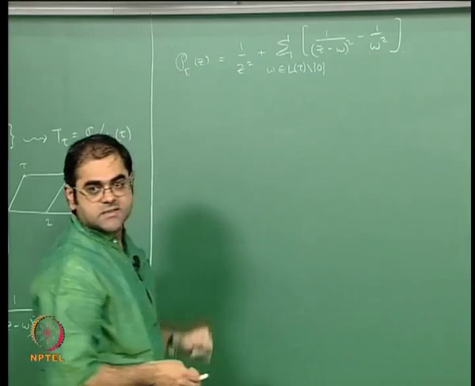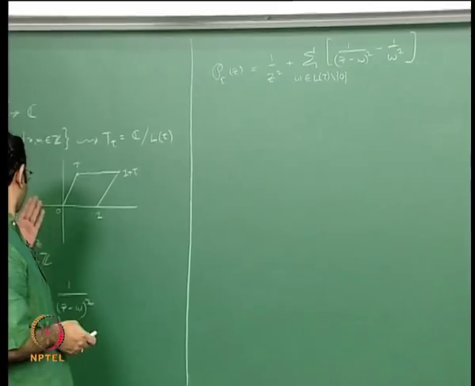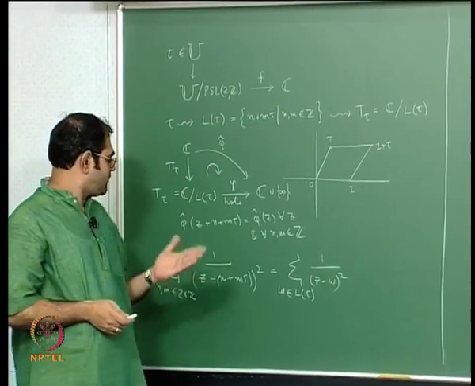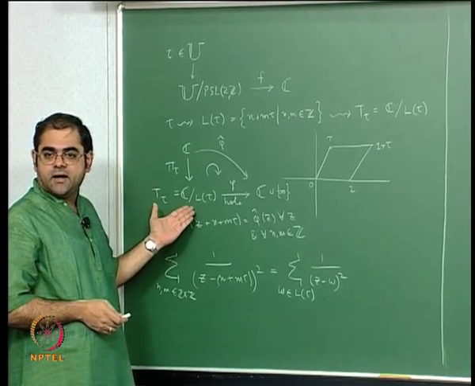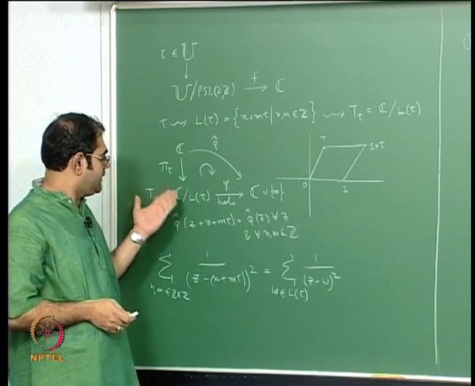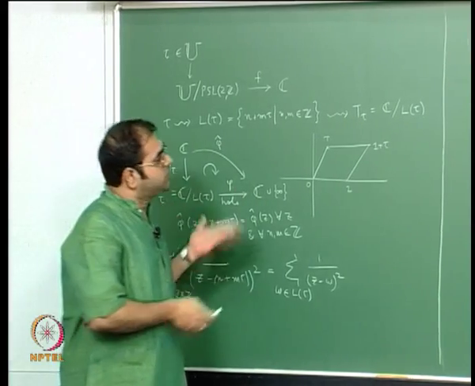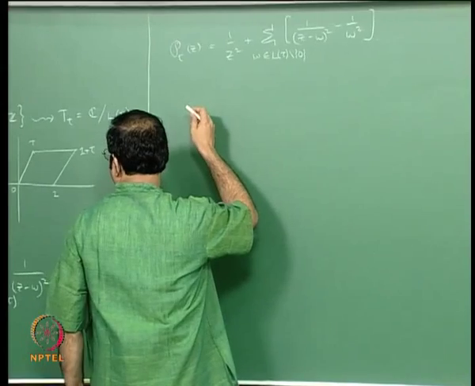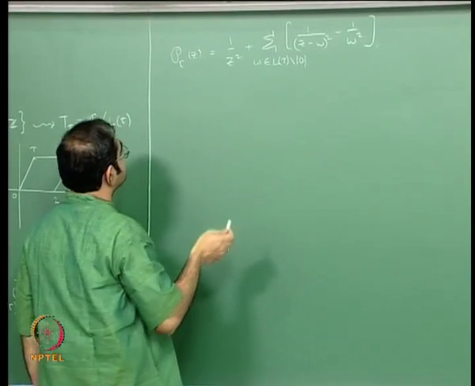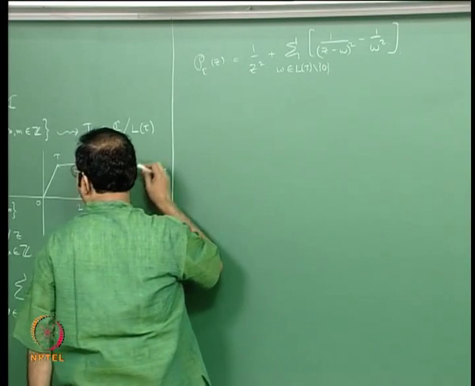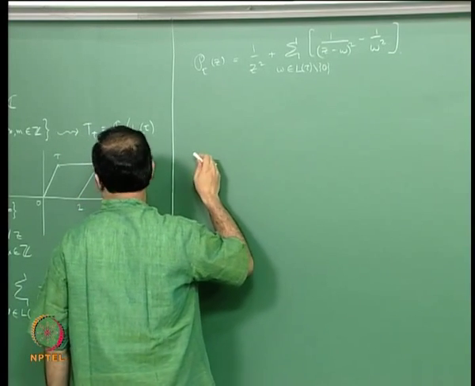So this is the Weierstrass Phe function, and it is essentially the important meromorphic function on this torus, and it dictates the geometry of the torus. We will see how that is true in this and the following lectures. But before that I will have to justify that all this is well defined. So let me start with a few remarks.